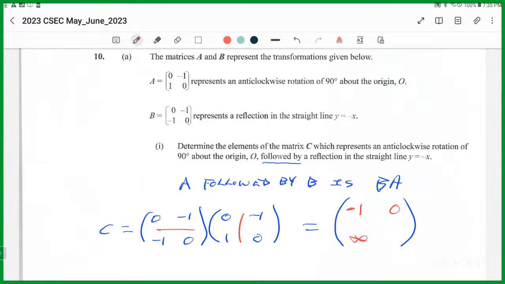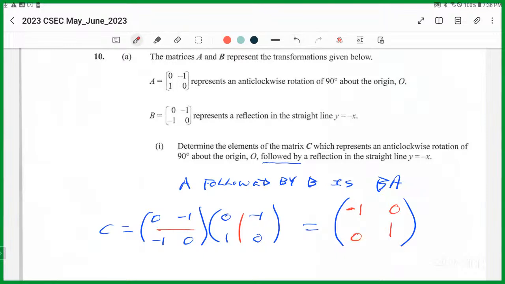The value down here is this row and that column: negative 1 times 0 is 0, and 0 times 1 is still 0. This is also 0. The last value down is going to be a 1, because the second row times the second column gives negative 1 times negative 1, which is positive 1, and 0 times 0, so a positive 1.